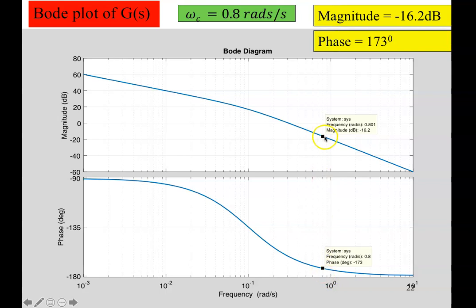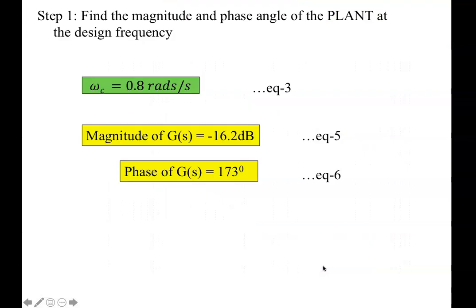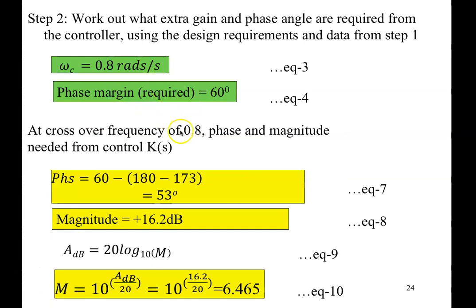You read the value out of the magnitude plot, you read the value out of the phase angle plot, or estimate it if you must. So that's your step number 1. You read these 2 values out. Step number 2, you need to work out what you need from the controller.